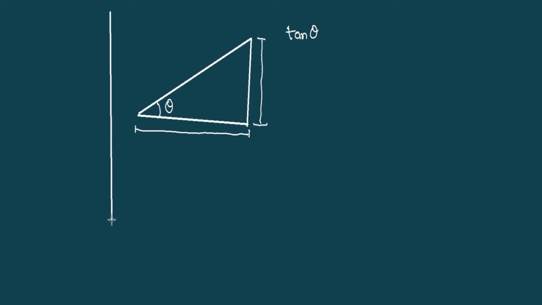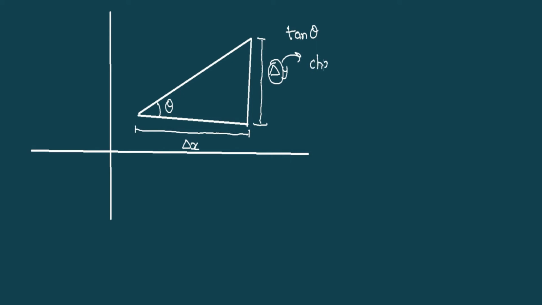Or if say that this was on a Cartesian coordinate system, or if it was on a Cartesian plane, okay, then in that case it would have become the change in the y coordinate, which is delta y, and the change in the x coordinate, which is delta x. And delta is something which we use to denote change. Okay, so let's say that this is point x1 comma y1, and this is point x2 comma y2.